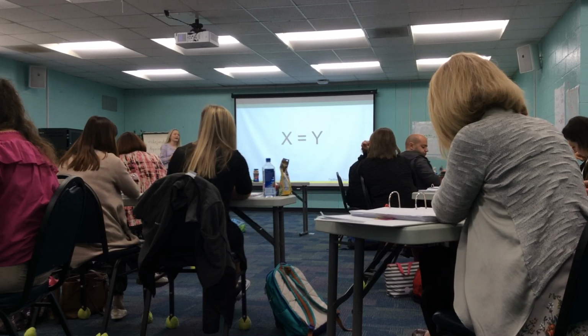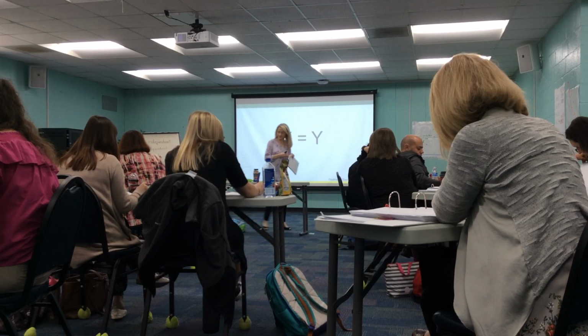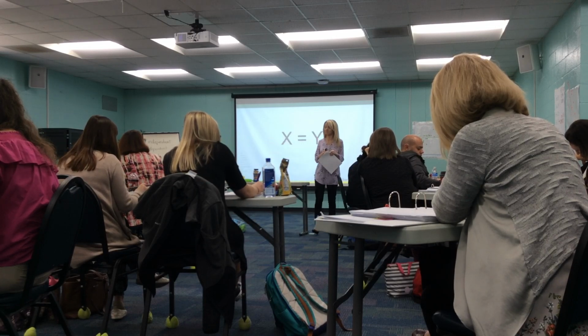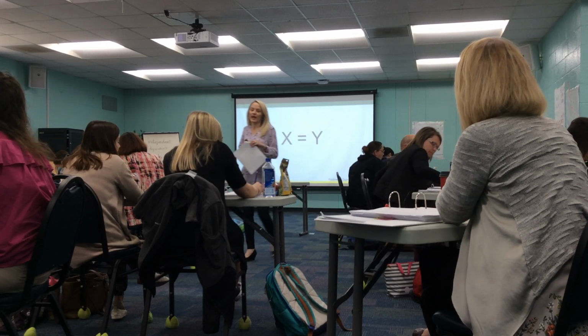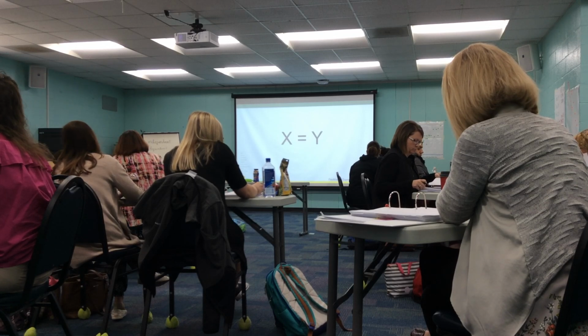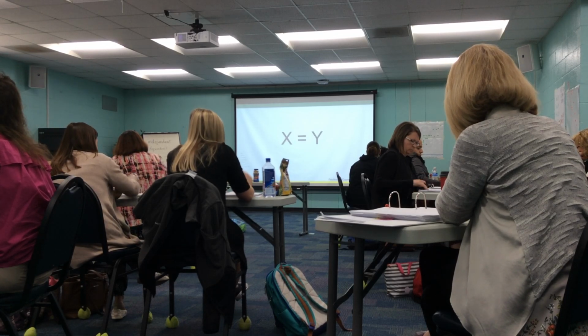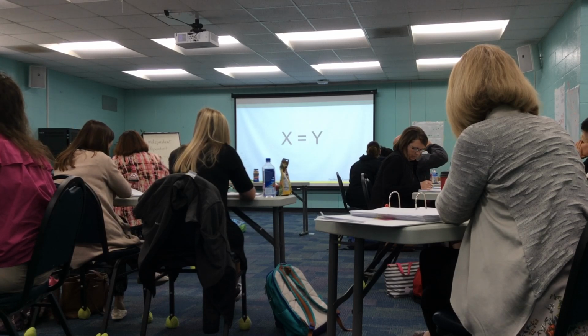Why do you think it's called that? Well, the times one will be identity property. Absolutely. And we have an equivalent relationship. The number of items is equal to the total cost. We have a relationship of 1 to 1.